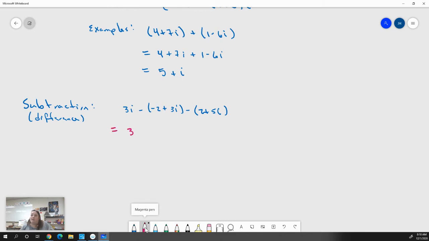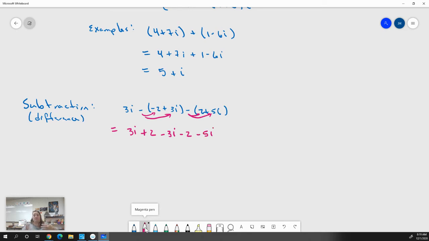equals. Well, our 3i isn't going to change just yet, right? But I have to distribute this negative into each piece, and it's just going to change the sign on each piece. So negative times negative 2 equals plus 2. Here it's going to be minus 3i. Now we have another negative here, and we're going to have to distribute it into each piece of this. So negative 1 times 2 is negative 2. Negative 1 times 5 is going to be negative 5i.